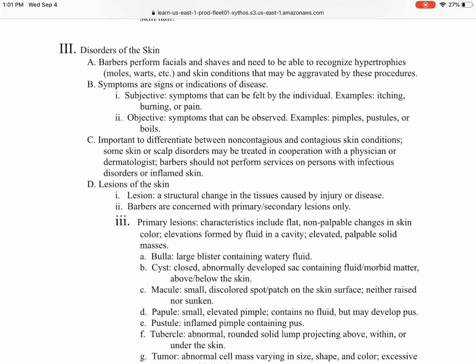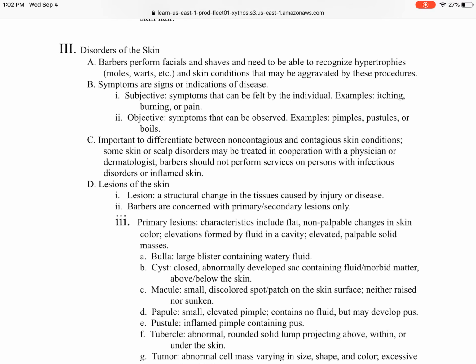Okay, you've got primary and secondary skin lesions. Now, your book, pages 230 to 233, has graphics, images, descriptions and examples of different types of lesions. Please refer to these so you can get a clear picture of what they look like.